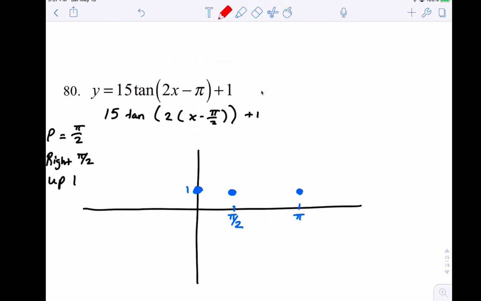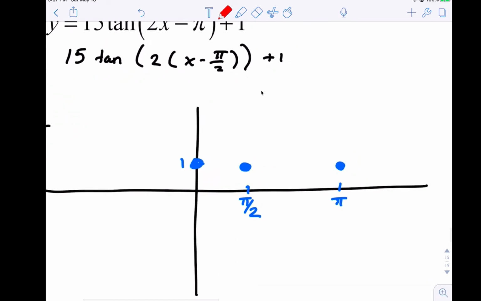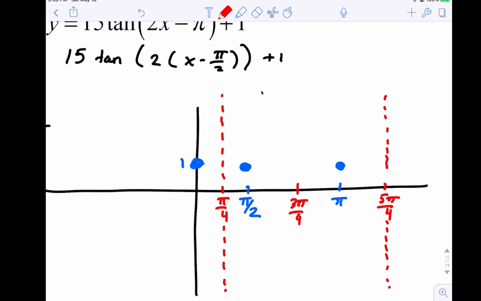Okay. So in between 0 and pi over 2 is pi over 4. In between pi over 2 and pi is 3 pi over 4. And then 5 pi over 4. And then negative pi over 4.